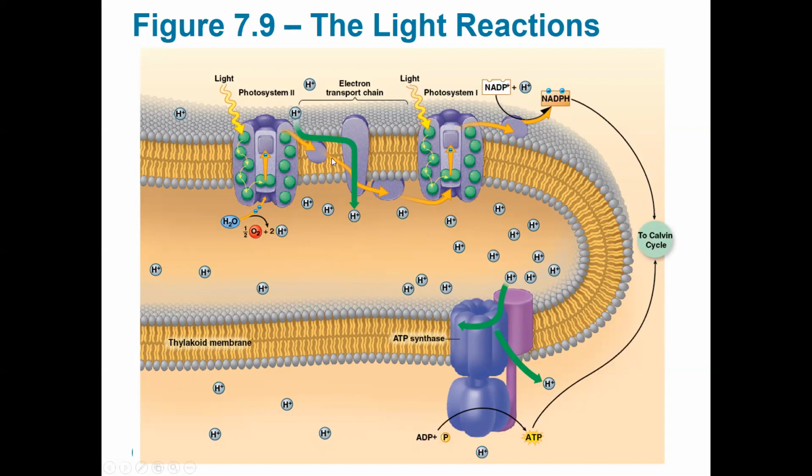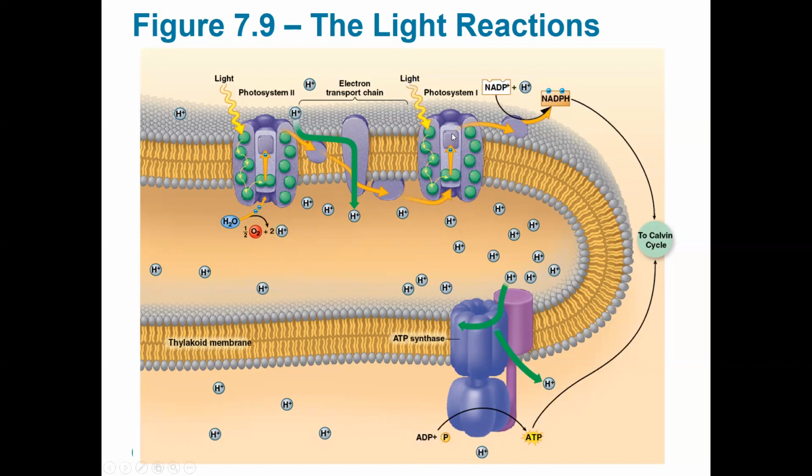As the electron travels down the electron transport chain, it will then get to the second photosystem, where it will get used by the pigments, and then the light will excite these pigments again. This process will repeat. The electron will get excited.